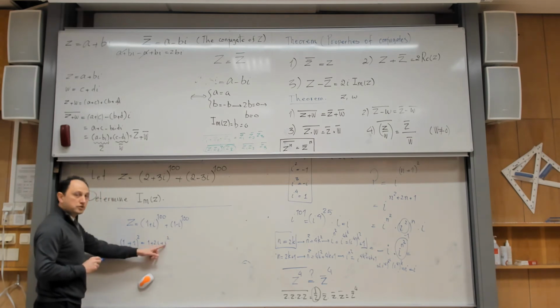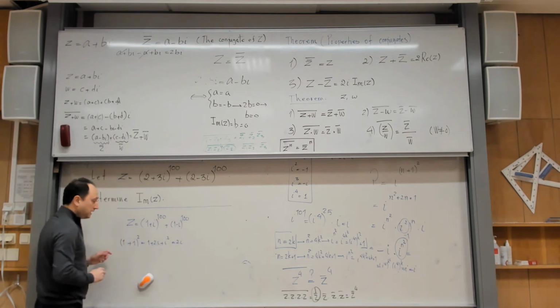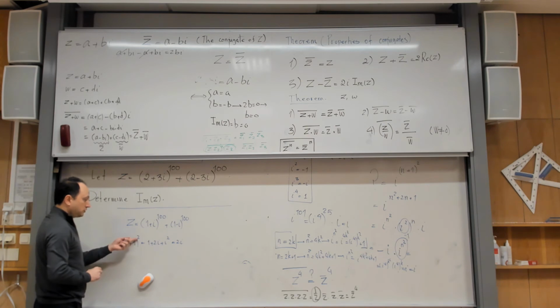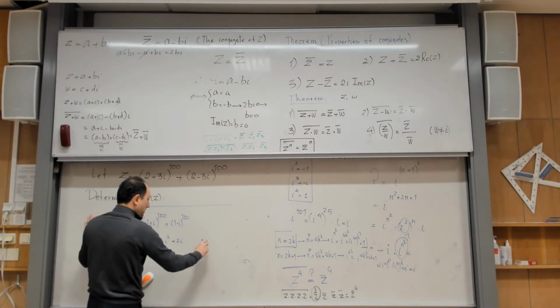But because i squared is just -1, it becomes extremely simple because it becomes 2i. And then I want to have power of 100, so I raise both sides to power 50. When I raise to power 50, it becomes (1 plus i) to the power of 100.